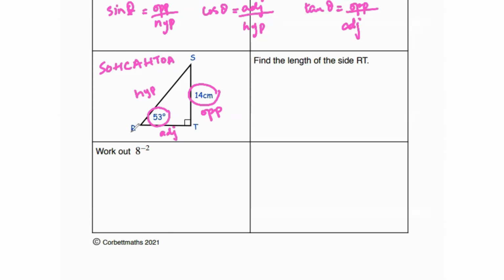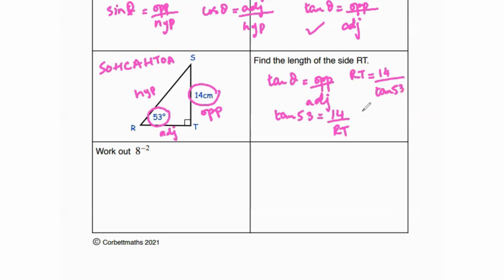So as you can see, we have the opposite and they want us to find the adjacent, and we have the angle, so we'll use tan theta. Tan theta equals opposite over adjacent. That's going to be tan of 53 equals 14 over RT. So RT is equal to 14 over tan of 53, and that gives us 10.55 centimeters. That is your value of RT.